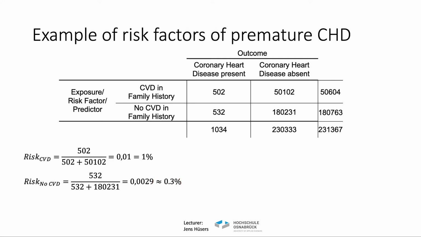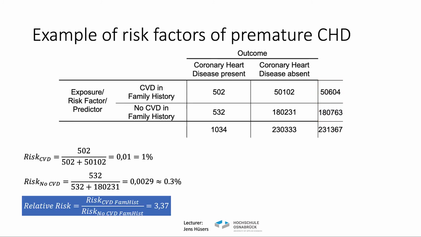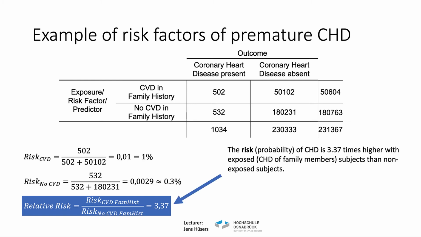The second nice feature is that the risk accounts for the imbalanced group sizes, which means we can compare both risks. To quantify the relationship, we take the ratio of both risks, and then we obtain the relative risk. The relative risk is 3.37. That means that the risk of CHD is 3.37 times higher with exposed subjects than non-exposed.